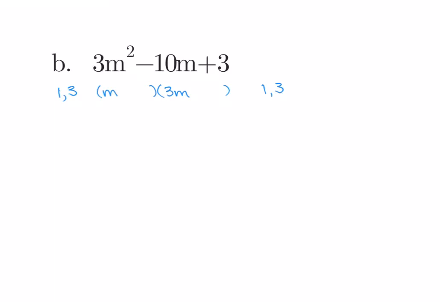And then now where do I want to place my 1 and 3? One thing to note is 3 and 3 have a common factor. So I know right away the 3 cannot go in my second set. It has to go in the first set because numbers with common factors cannot go in the same set.